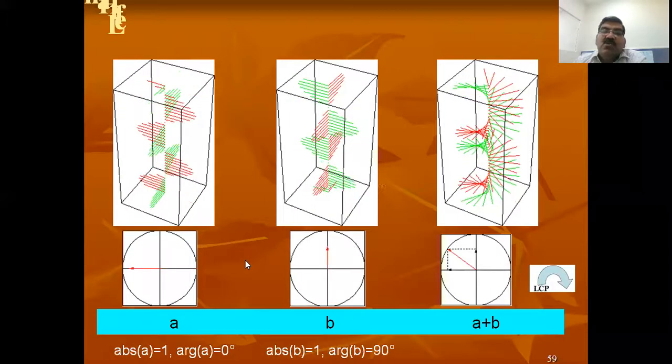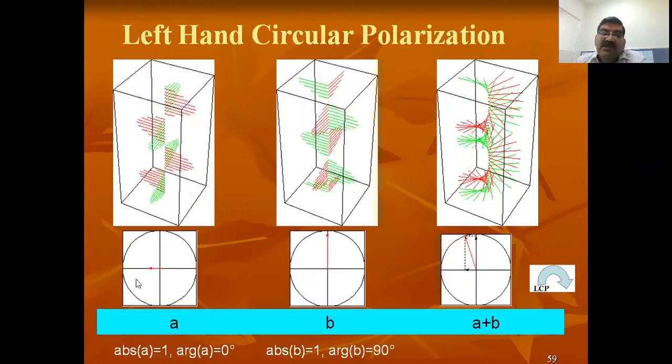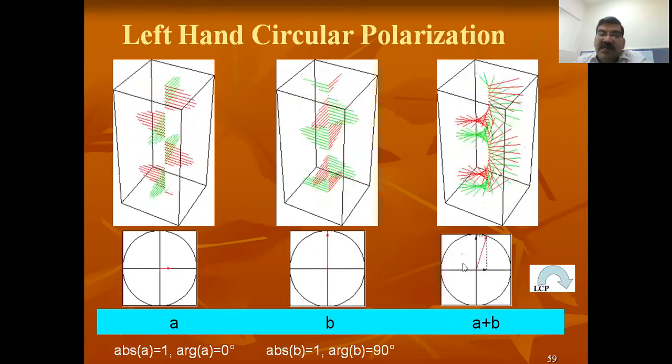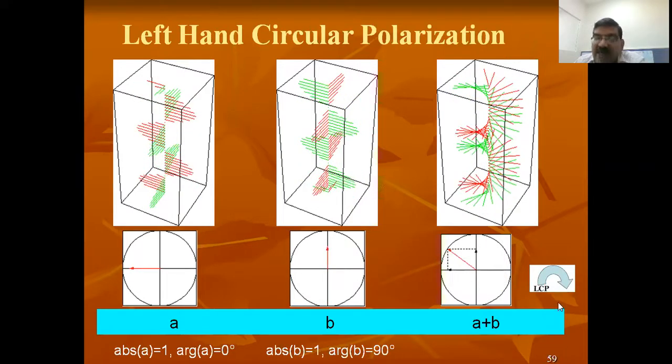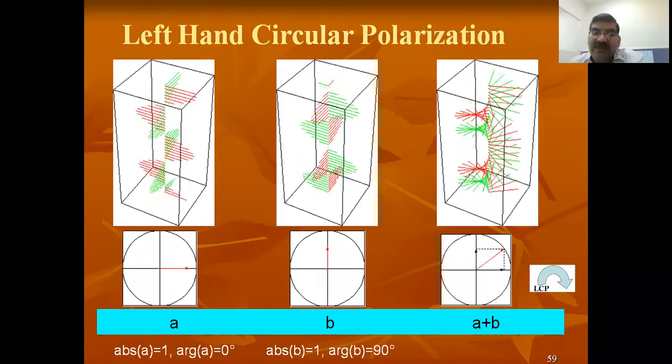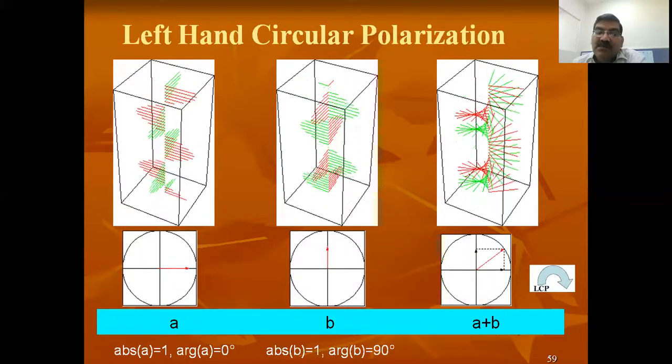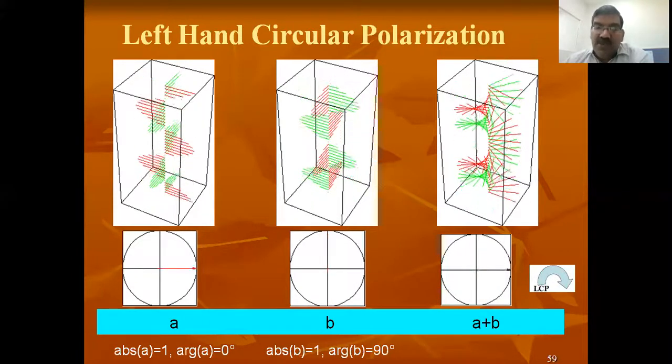And this is the circular polarization. Now the electric field component is split into two parts and it is rotating this way, left-handed circular polarization. I'll just brief here. If you want it in detail, I have put up the lecture on YouTube, so you can refer to that. This component is completely rotating.